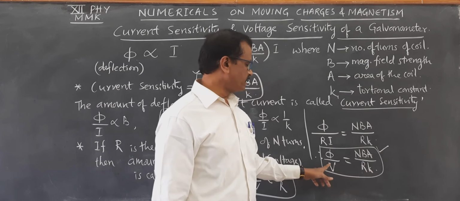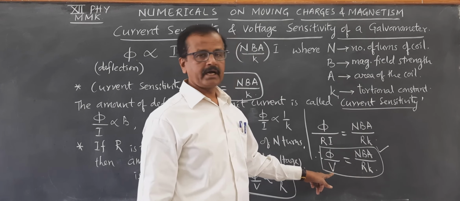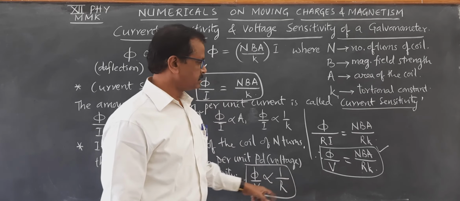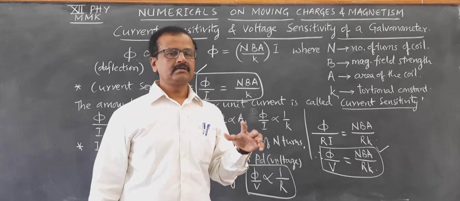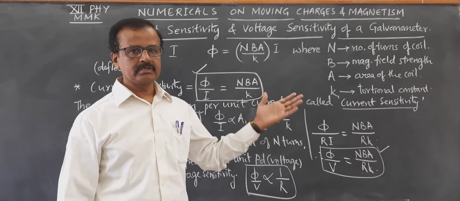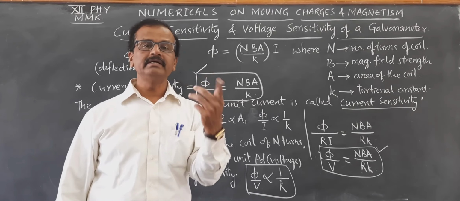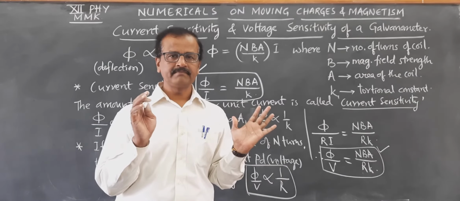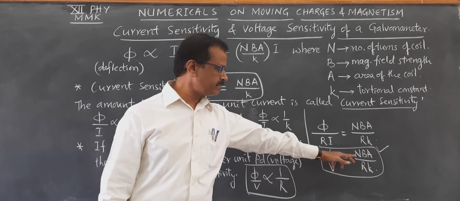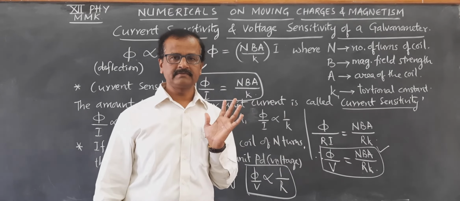Then we will have a high value of voltage sensitivity. So the important thing to remember: if the number of turns is increased, current sensitivity increases, but voltage sensitivity is unaffected because the resistance also increases in the same ratio.